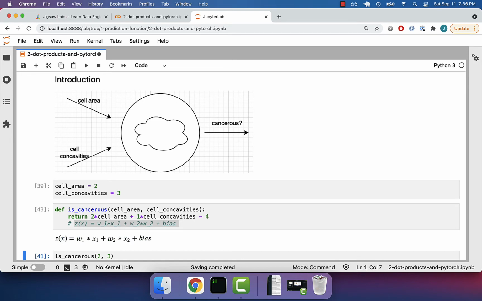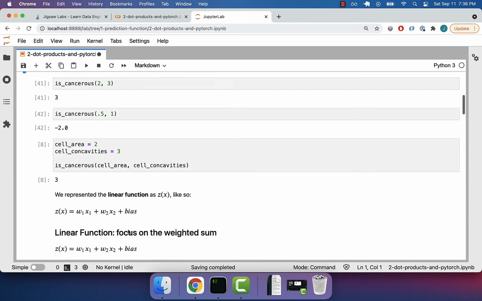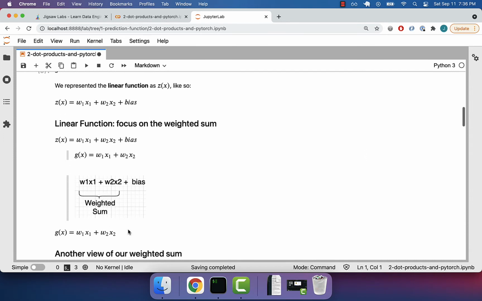What we want to do in this lesson: we always describe the bias as a counterbalance to the rest of the function. In this lesson, we're going to focus in on the rest of the function, and we'll call it our weighted sum. So w1x1, w2x2, everything in our linear function except for the bias, we'll call our weighted sum.